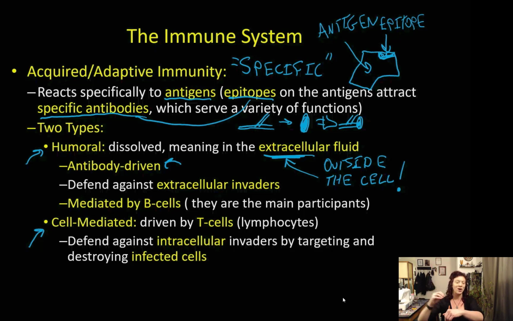And that's going to attract phagocytic leukocytes, which will then come and engulf that pathogen. And it's just one example. This system is very, very effective if you have invaders in your extracellular fluid. Again, extracellular, outside of your actual body cells.